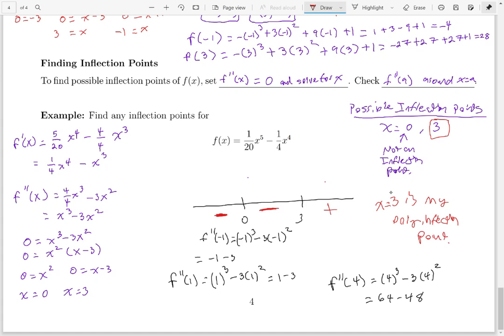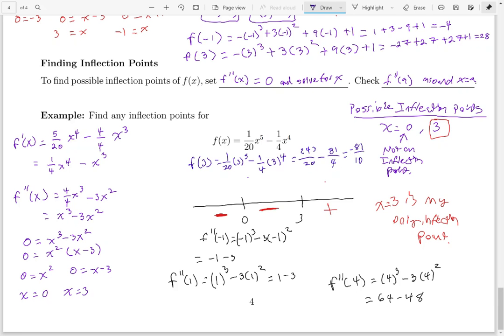Now that's the location. If I wanted to find the exact location, that is the x and the y, I could of course plug it into the function. f of 3 is going to be 1/20th of 3 to the 5th minus 1/4 of 3 to the 4th, which gives me 243 divided by 20 minus 81 over 4, which I claim is -81/10.